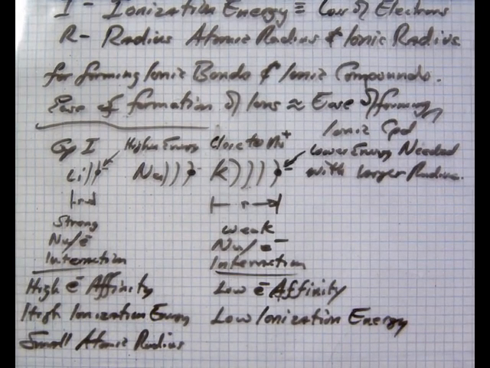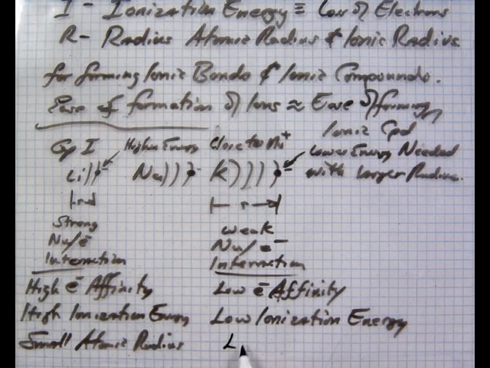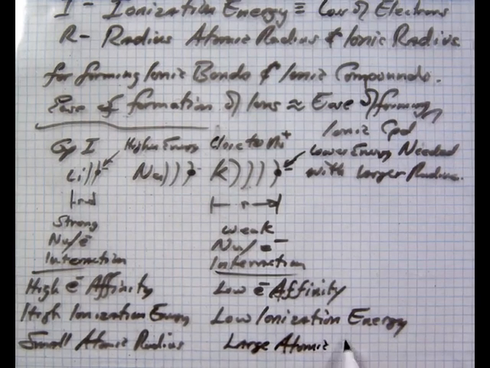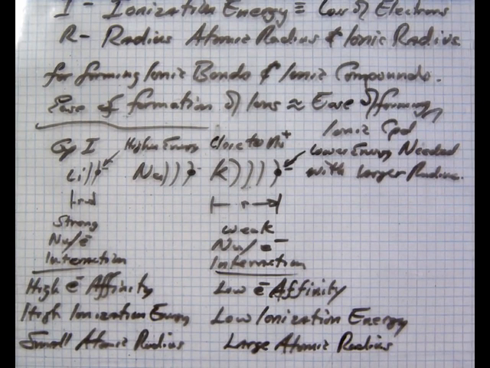Okay, and the relationship to the radius is inverse in this context, large atomic radius. So if you were trying to choose between lithium and potassium as far as making an ionic compound, and you choose the one that forms the cation the easiest, of course it'd be potassium because of these element reaction factors.